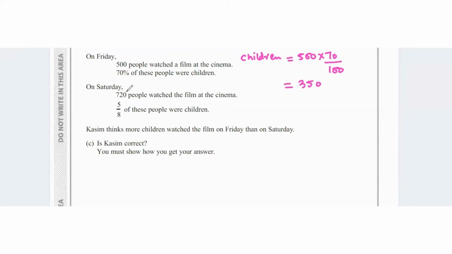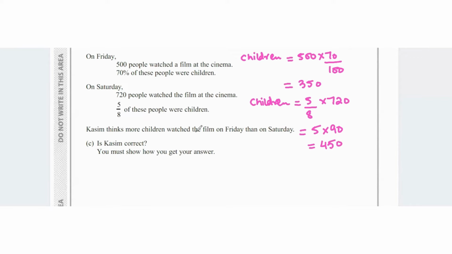And then it says on Saturday, 720 people watched the film at the cinema, and 5/8 of these people were children. So for Saturday, we're going to do 5 over 8 times 720, which is going to give us 5 times 90, and that is 450.